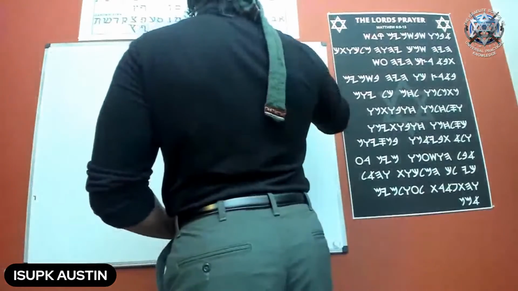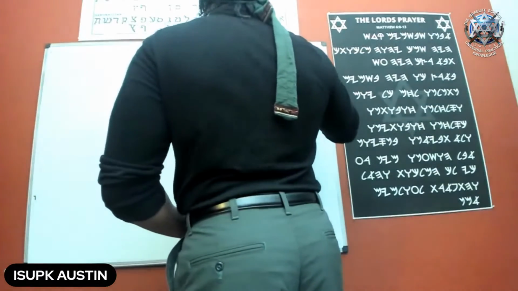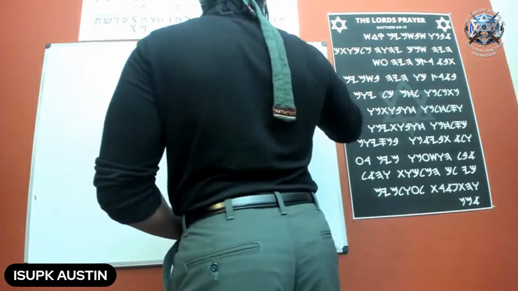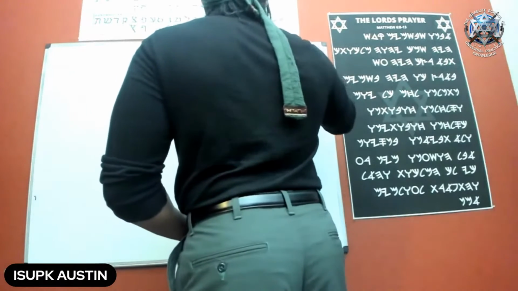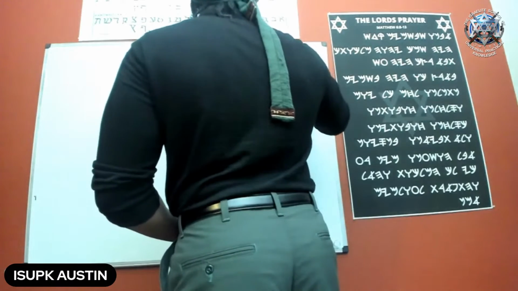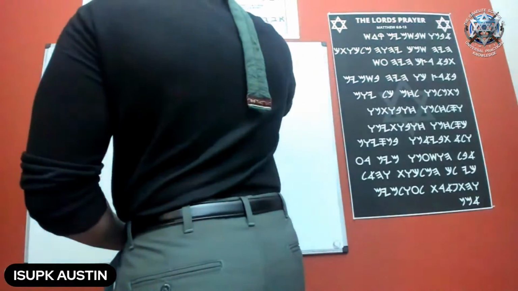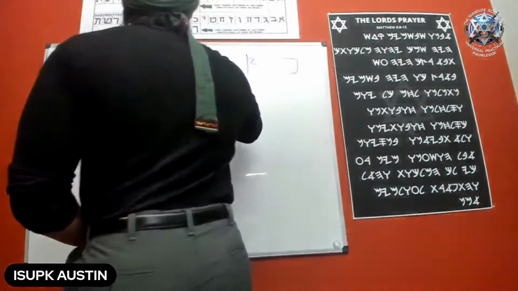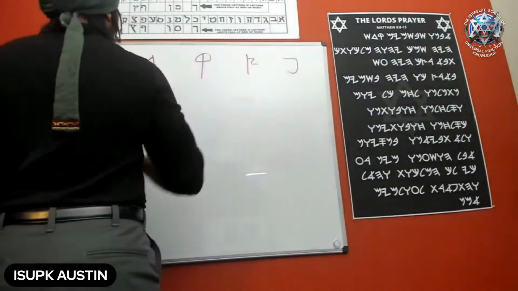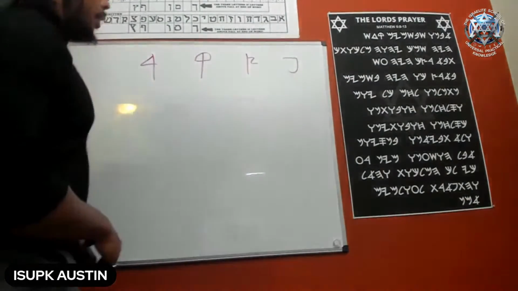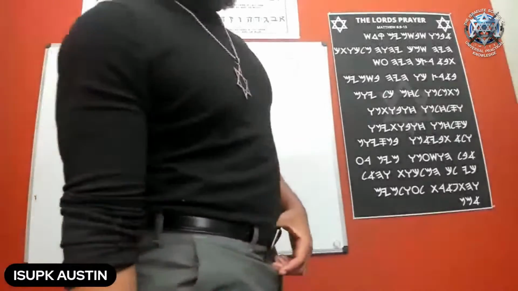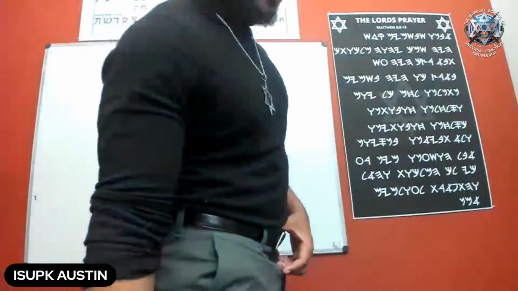We stop at I, right? So we get pa, taza, qua, ra. Right? So we have pa. What is pa?